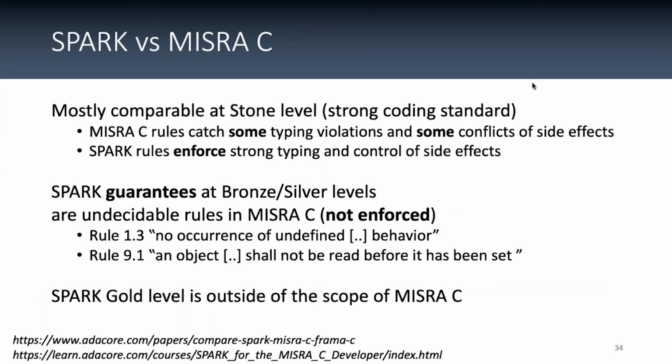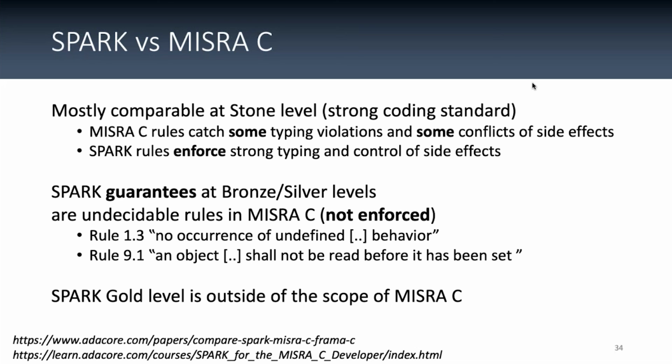I'll conclude with just a word with respect to MISRA-C. So Spark is a subset of Ada, so sometimes people tend to compare it with MISRA-C. They're really only comparable at stone level, so when we apply the very bottom of the Spark analysis, where MISRA-C will catch some typing violation, some conflicts or side effects, where Spark will really enforce these properties on the code.